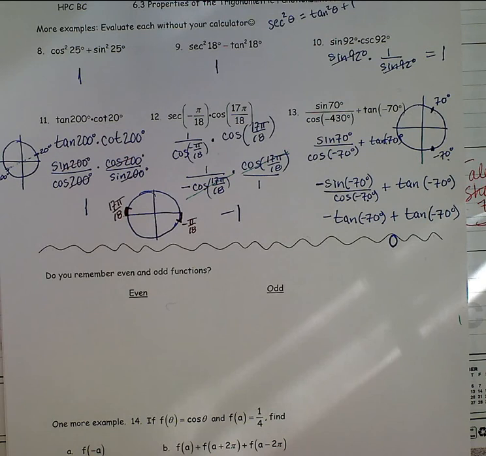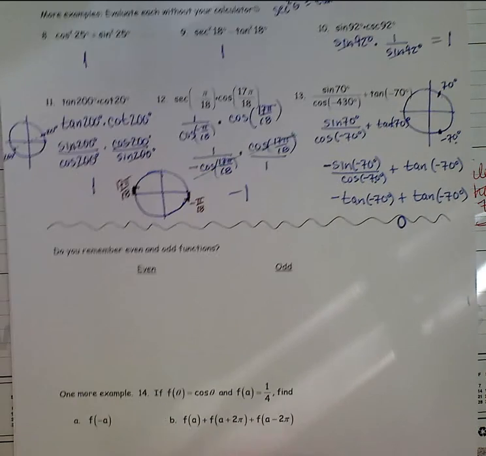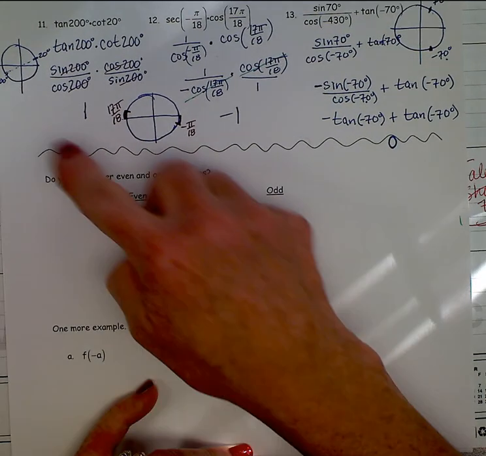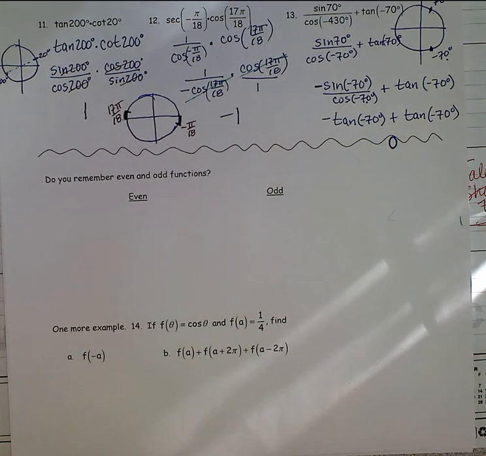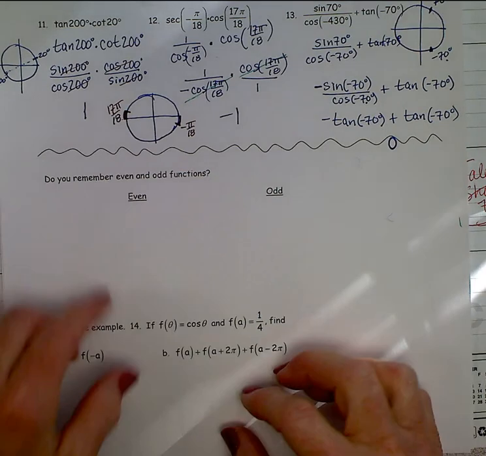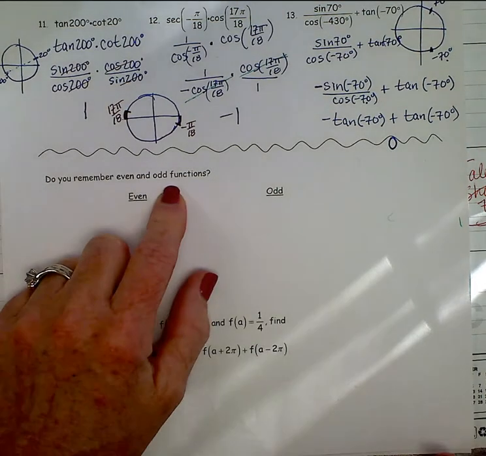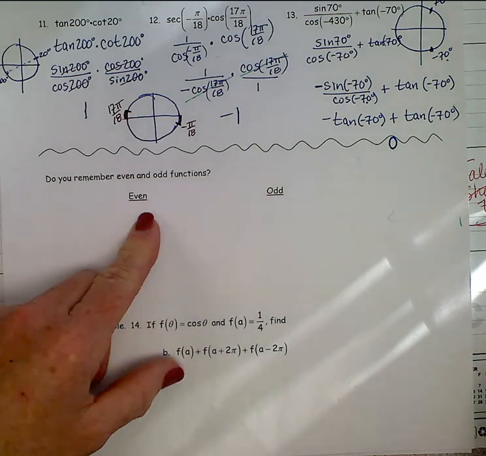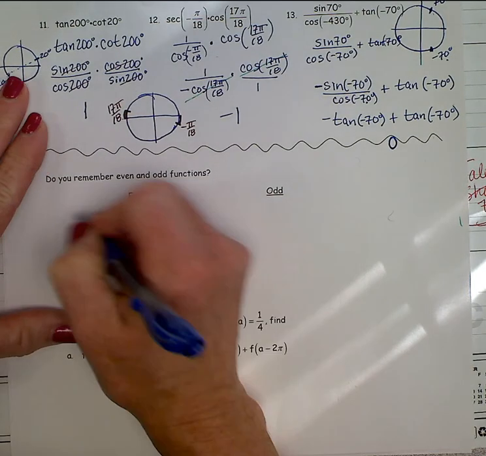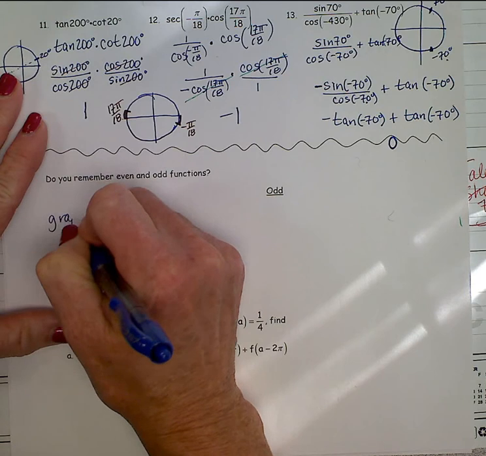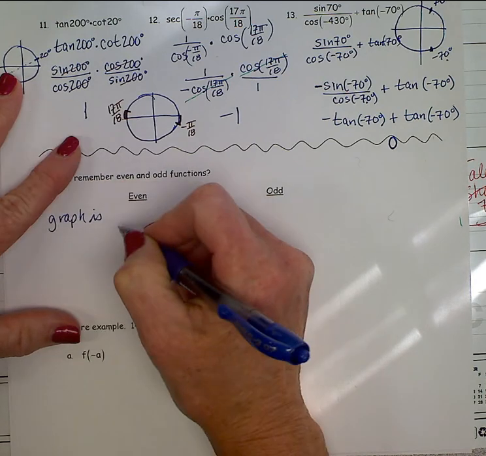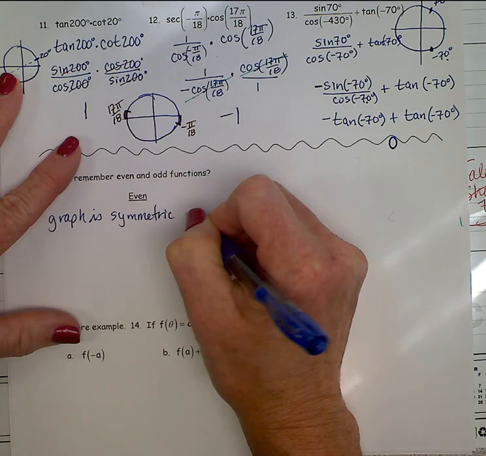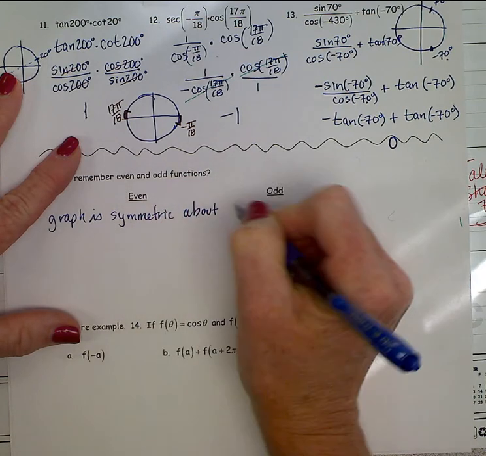All right. Couple more things going on here, kind of a few bits and pieces. That's why this squiggle is here, to kind of change thoughts for a few minutes. Do you remember even and odd functions? An even function is a function where the graph is symmetric about the y-axis.